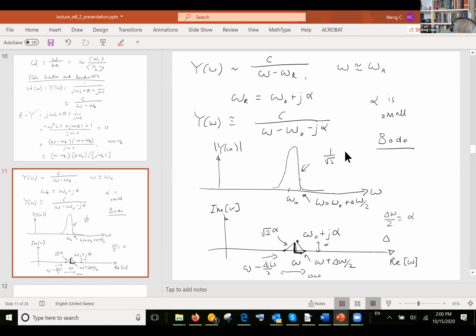You can finally work out that delta omega is 2 alpha, by just using the techniques that you have learned from Bode plots. If you just shift slightly over to the right and slightly over to the left, you will reach the half power bandwidth point and figure out the bandwidth of the signal.